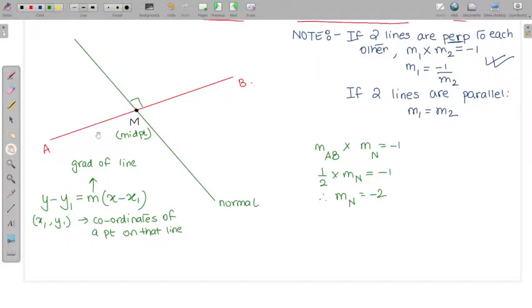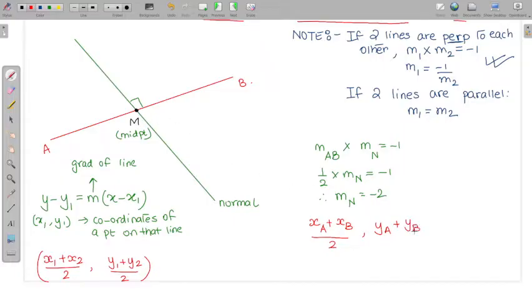What is the formula to find the coordinates of the midpoint? The formula is x1 plus x2 by 2, comma y1 plus y2 by 2. Since we're using points A and B, xa plus xb, that is the x coordinate of A plus the x coordinate of B, divided by 2 will give us the x coordinate of the midpoint, and ya plus yb divided by 2 will give us the y coordinate of the midpoint. Am I clear till now?